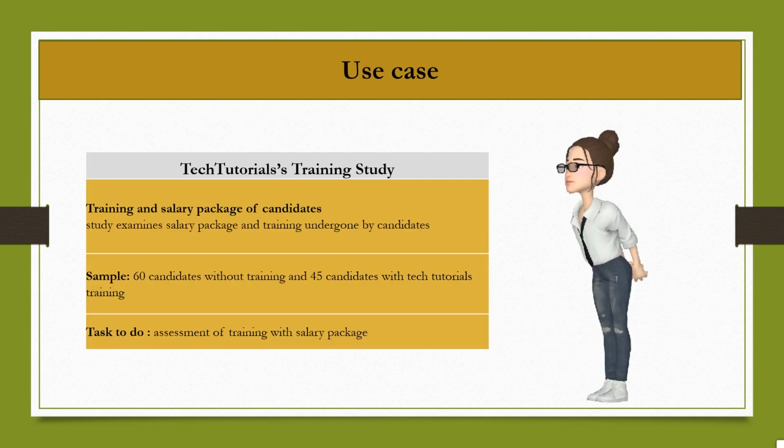Now let's move on. In order to understand conditional probability, joint probability and marginal probability, let's look at a small use case. Basically we are going to take a data set which examines the salary package and training undergone by candidates.